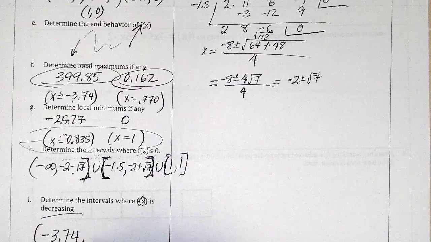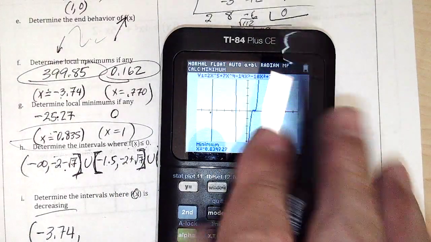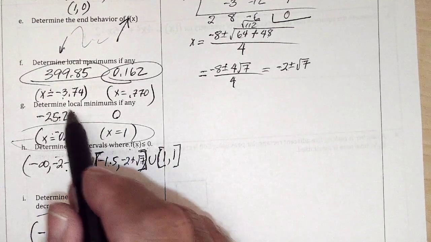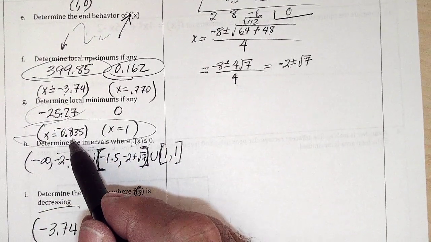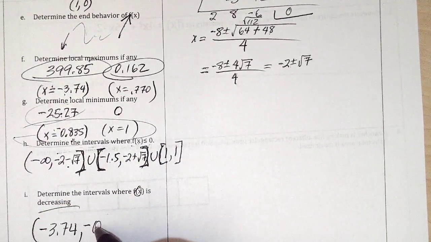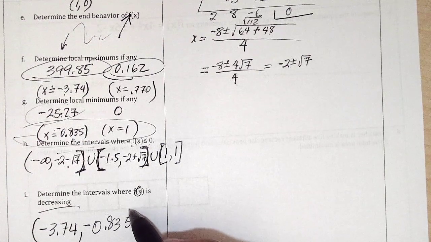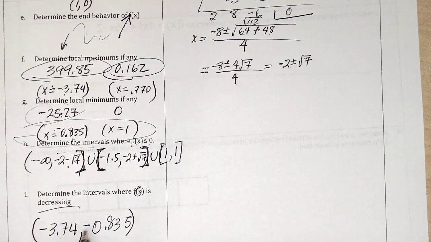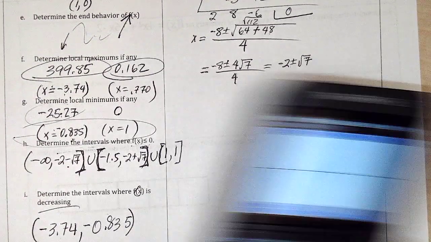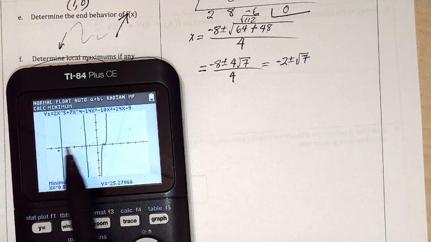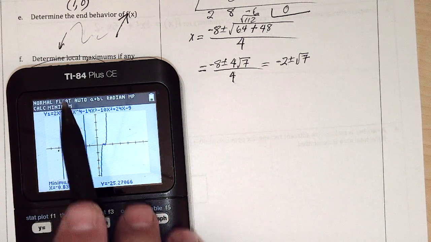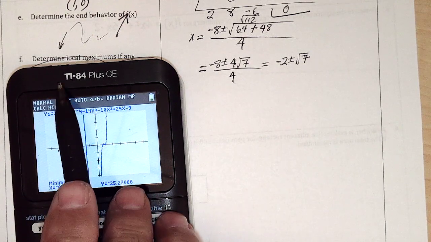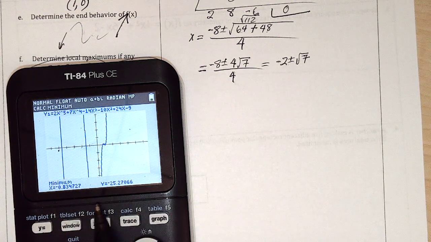And it goes down to the minimum, which was way down here. So it's at this place. So the x value is the negative 0.3835 rounded. So between this x value and this x value, from where the max is to where the min, it decreases.